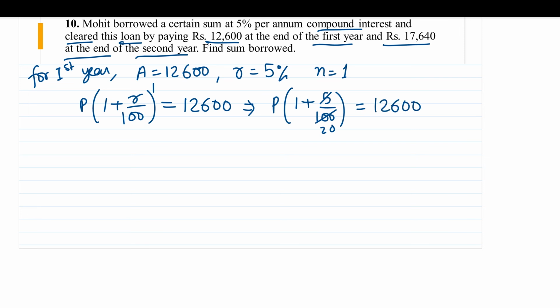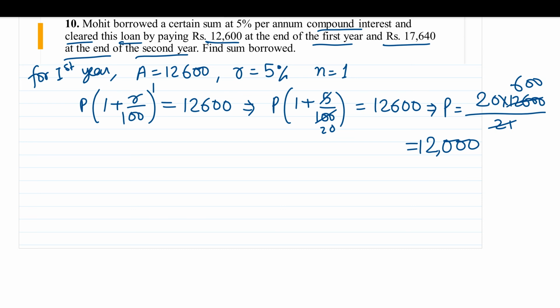So from here P is equal to 20 into 12,600 upon 21. So we can see it is 600 times 20, so it becomes 12,000. 12,000 is the amount for the first year. So let it be equation number 1.